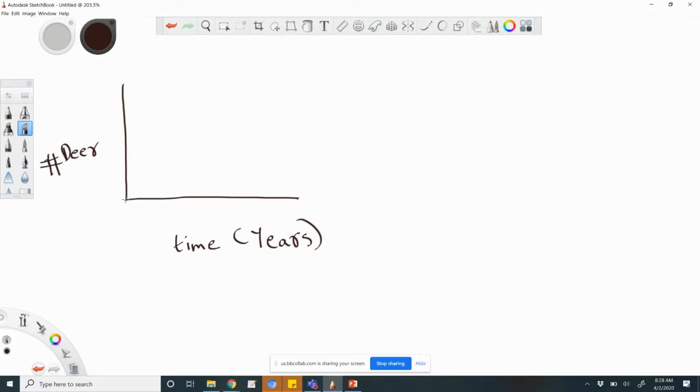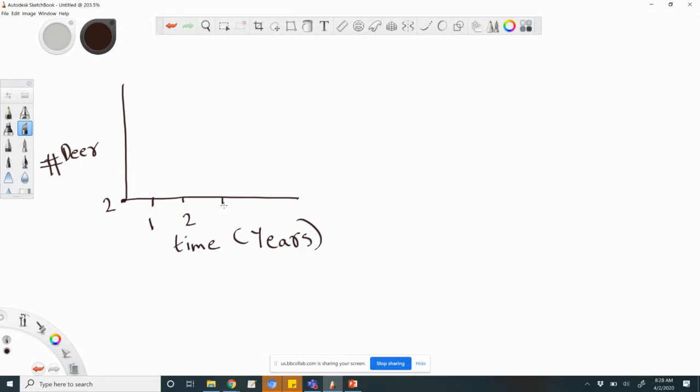So let's say two deer give rise to two more deer. I'm going to start off with two here. And then let's say one year later, I don't know how fast deer reproduce, I'm just going to say one because that's nice.